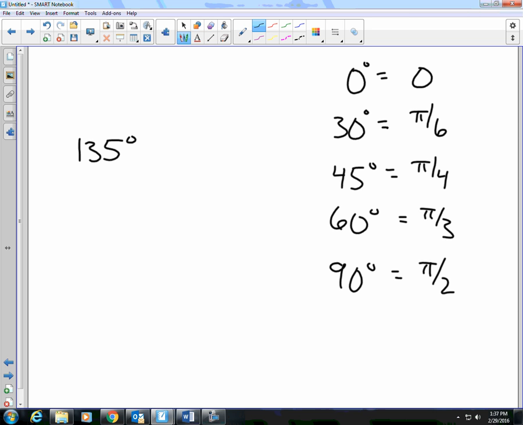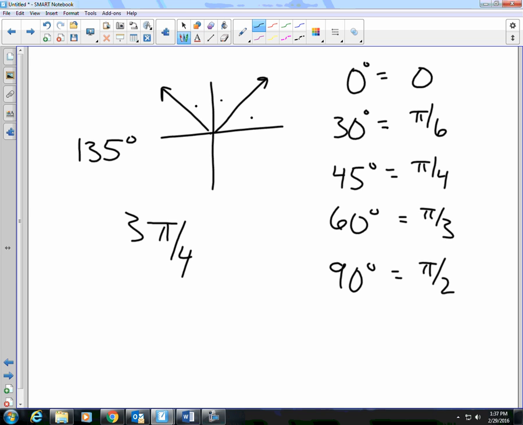Now it's got a 5 on it, so which one do you think is probably the deal? Yeah, you're right. You're thinking, okay, probably 45. If you just think about it, 135 is there, right? So I'm just going to count. 1, 2, 3. Because 45 is half, right? 3 pi over 4.